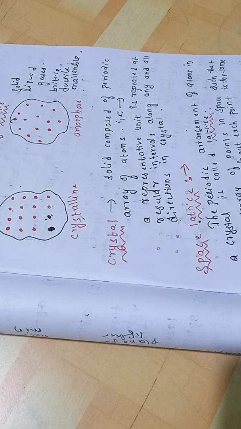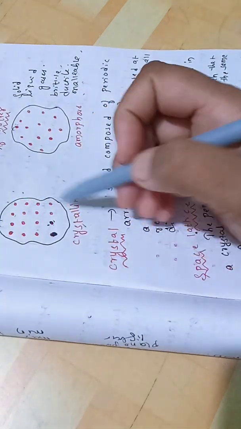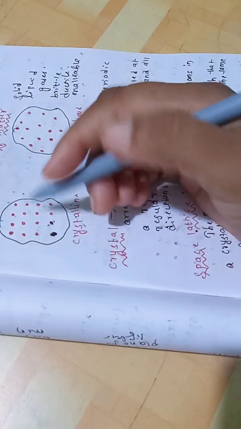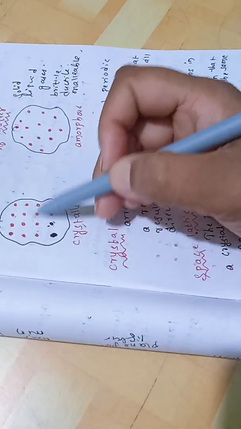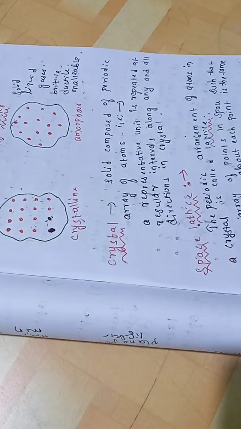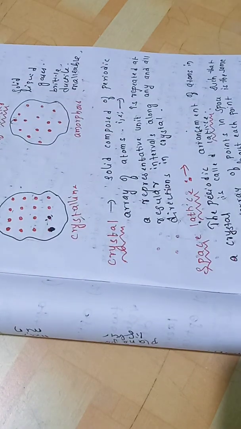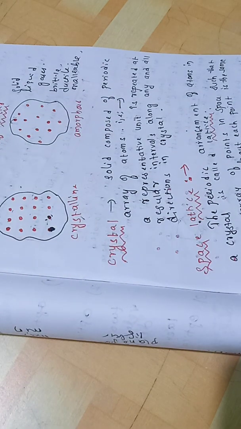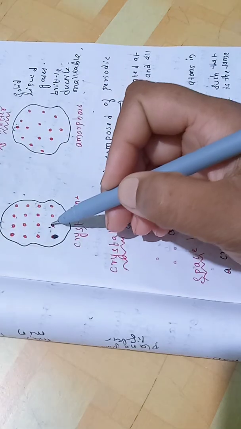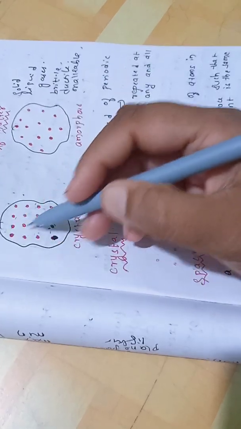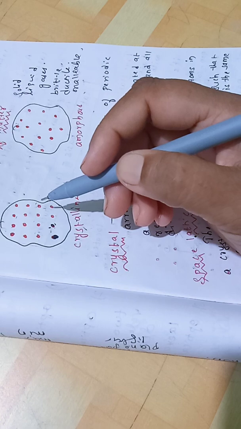Now lattice. Lattice means periodic arrangement of atoms. Space lattice means an array of points in space such that the environment about each point is the same. If you see the environment around each and every point, it will be identical.